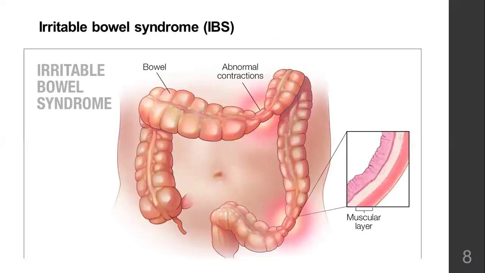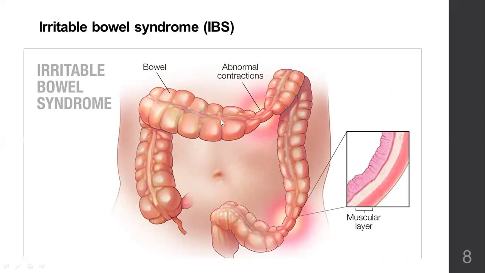Then IBS, irritable bowel syndrome. Here, in various parts of the bowel, inflammation will be there and there will be abnormal contractions. When food is passing through the large intestine, one part should contract and the food is pushed forward.